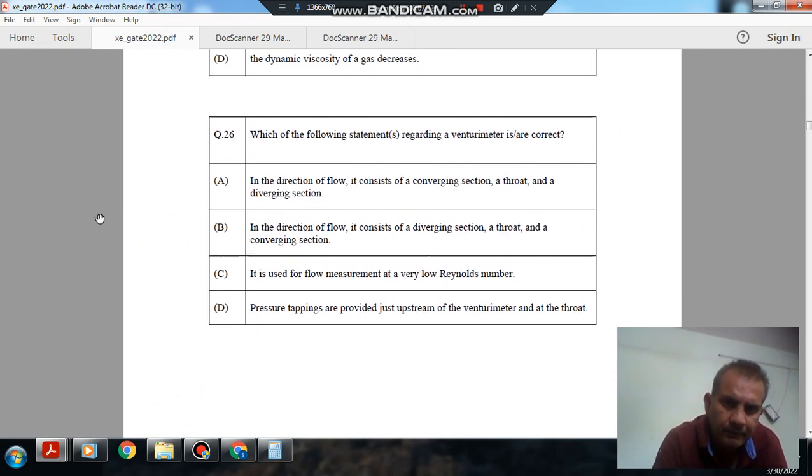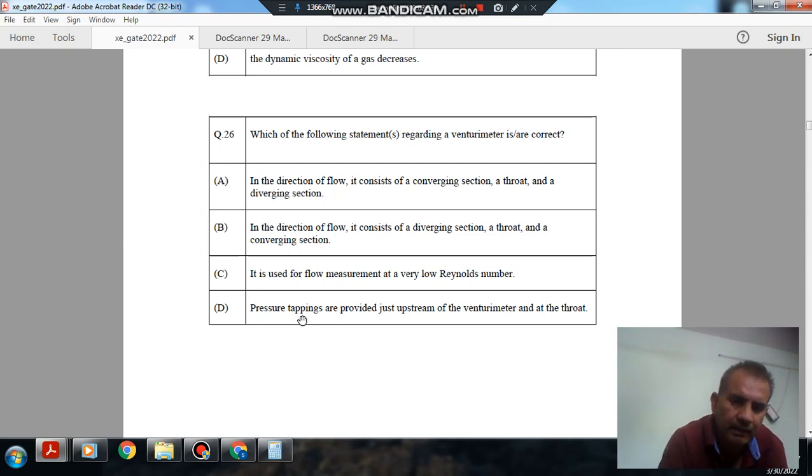Next, which of the following statements regarding a venturimeter are correct? Option A, in the direction of flow it consists of a converging section, a throat and a diverging section. Option B, in the direction of flow it consists of a diverging section, a throat and a converging section. Option C, it is used for measurement of flow at very low Reynolds number.